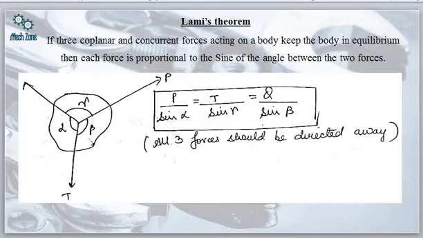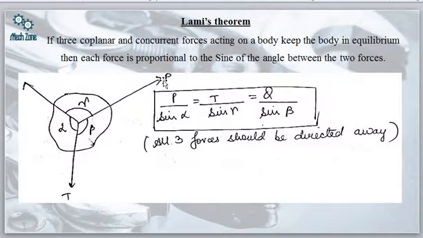Now let us come to the important topic, Lami's theorem. Lami's theorem is given for coplanar and concurrent forces. It states that if three coplanar forces, meaning they act in the same plane, and concurrent, meaning the lines of action of these forces meet at a point, are acting on a body and keeping the body in equilibrium, then each force is proportional to the sine of the angle between the other two forces.